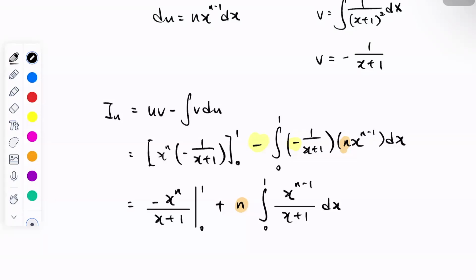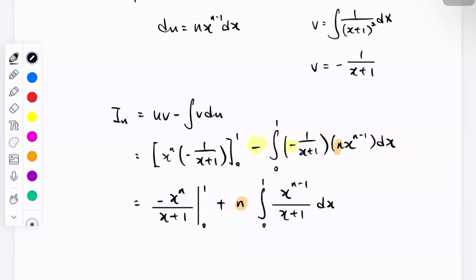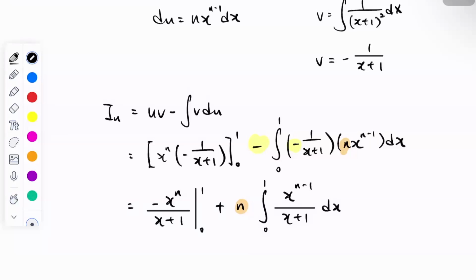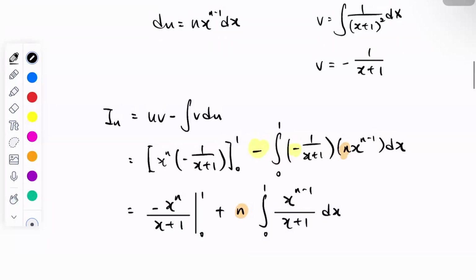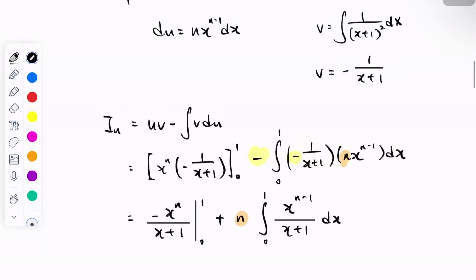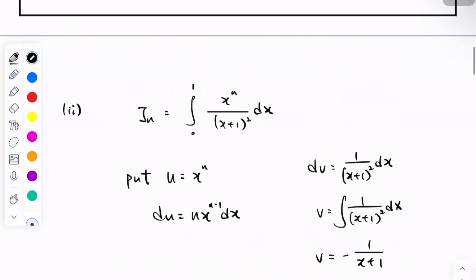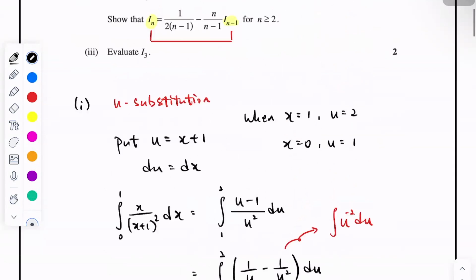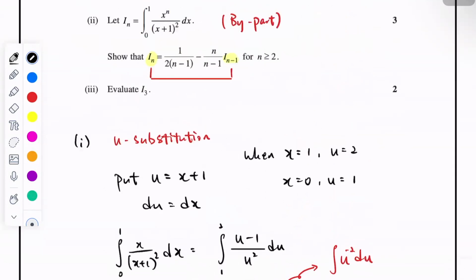Okay, and after that, what should we do? A lot of students got stuck in this step that particular year, but if you still remember, what is the question asking for? The question is asking for In in terms of I(n minus 1), right?